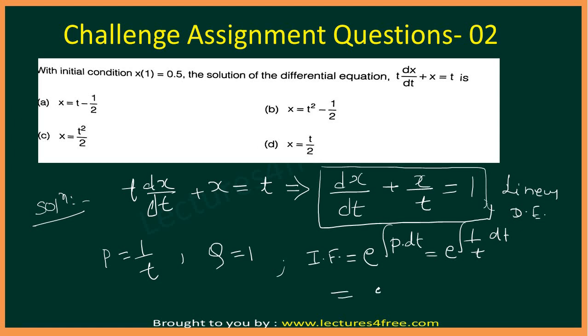Integration of 1 upon t will be log t, log at the base e of t. So you will finally get e to the power log t, which will be t only. So the integrating factor is equal to t.